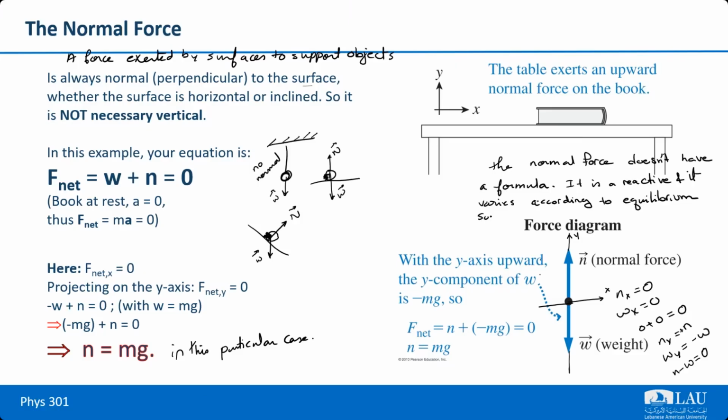So we find it using Newton's laws, whether it's the first or the second. In this particular case, I used Newton's first law and I got this equation and I deduced that N equals W. So if you find the magnitude of the weight, you'll just deduce that this is the magnitude of the normal force as well.